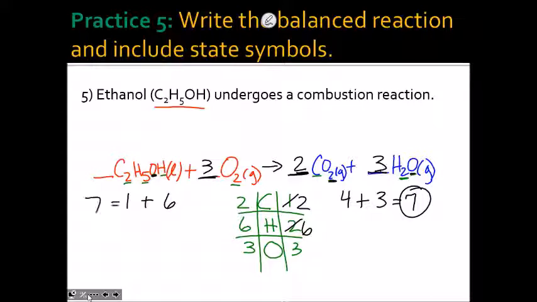Guess what? That also equals 7. So balancing the alcohols are slightly different than normal hydrocarbons. Does that make sense? Everybody good? Because those are the basic examples of word equations.